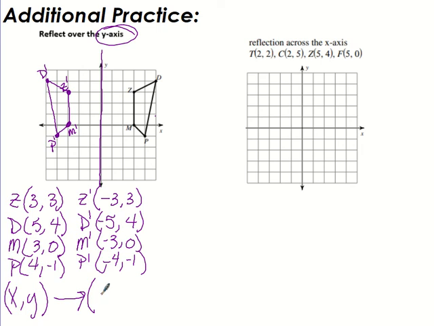So, we would just say opposite of x, y. So you can see 4 went to -4, 3 went to -3, 5 went to -5, 3 went to -3. None of my y's changed. And that's tricky because for the y-axis, you'd think the y should change, but it's actually opposite. It's flipped like a reflection. If it's y-axis, it's actually the x's that change.